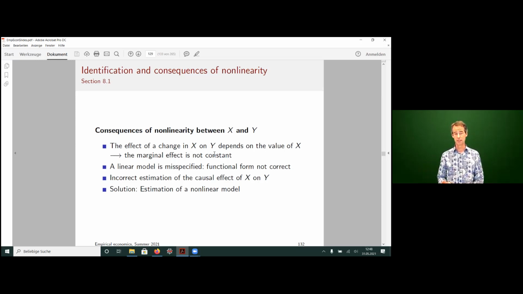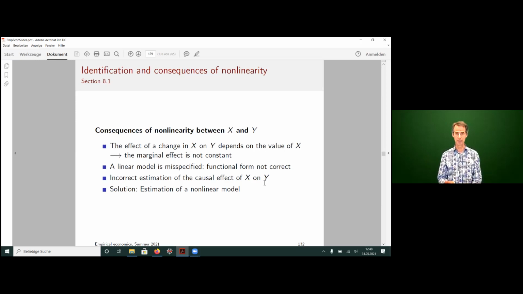And therefore, if we want to use the results of our regression analysis for policy advice, then we would incorrectly estimate the causal effect of the regressor on the endogenous variable, which means that we think that the causal effect of x on y is, say, beta, but in reality, it's not always beta, but it depends on whether x is small or large.